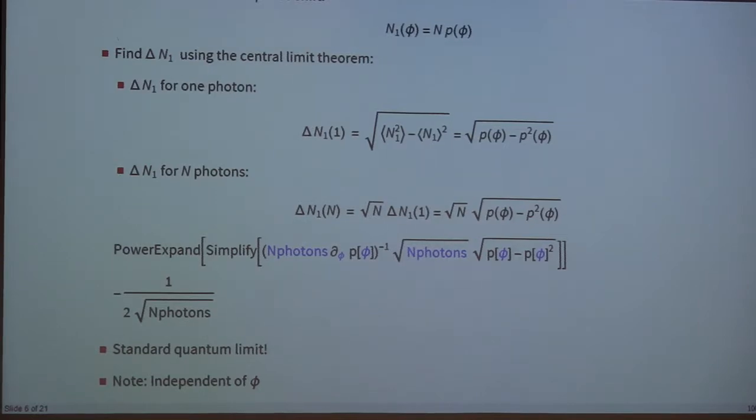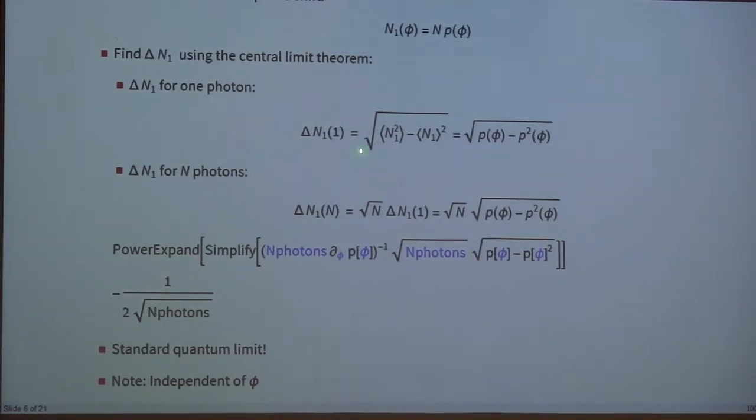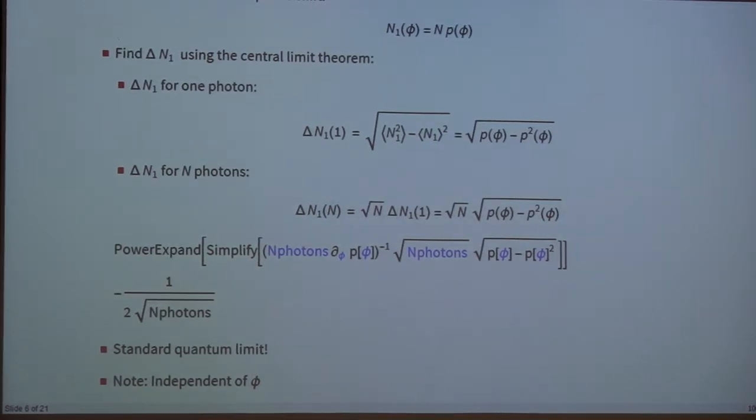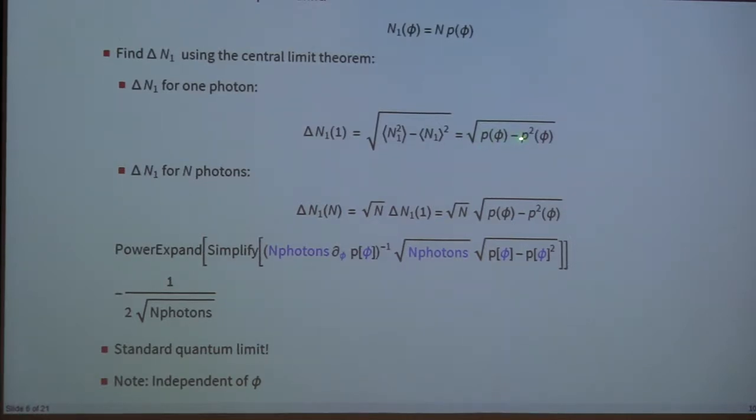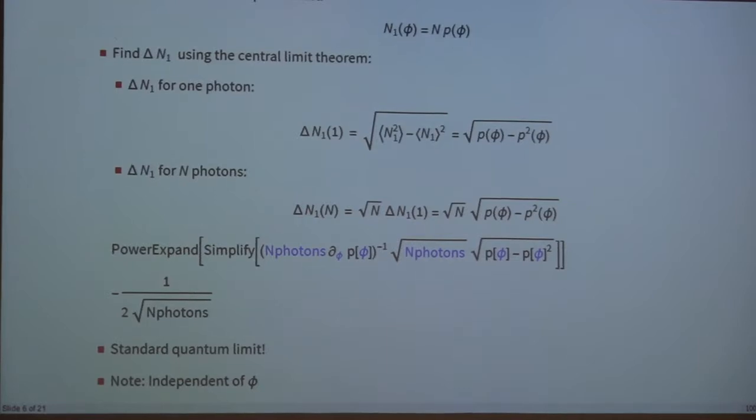But if I only have a single photon, I only get either a 1 or a 0. And so the expectation value of n1 squared is 1 squared, which is also 1, times the probability of getting it. And the mean value is 1 times the probability of getting it. So the 1s or 1 squareds go away. And I just get the probability of phi minus the probability of phi squared. So that is the delta n1 for a single photon thrown at the interferometer.